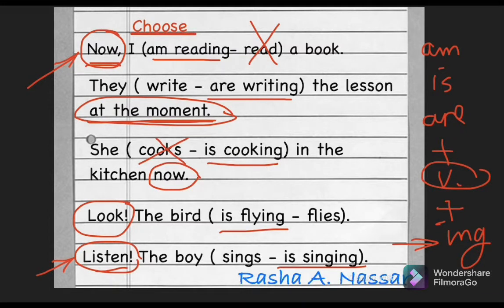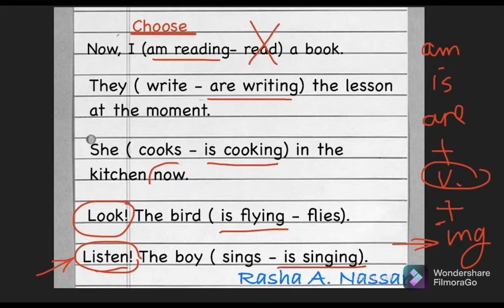So let's read our sentences together with the correct answer and see why we choose these correct answers. Again, number 1, now I am reading a book.